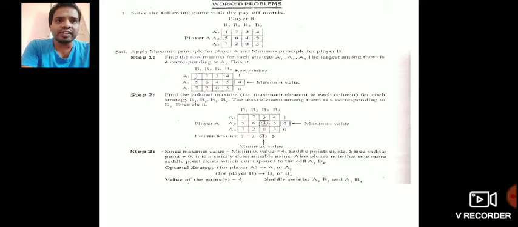First we got 4 at the intersection of the maximin value and the minimax value, and another 4 is at the A1 B4 cell, so player A uses the A1 and A2 strategies and player B uses the B3 and B4 strategies. Here the value of the game is 4 and the saddle points are A2 to B3 and A1 to B4.